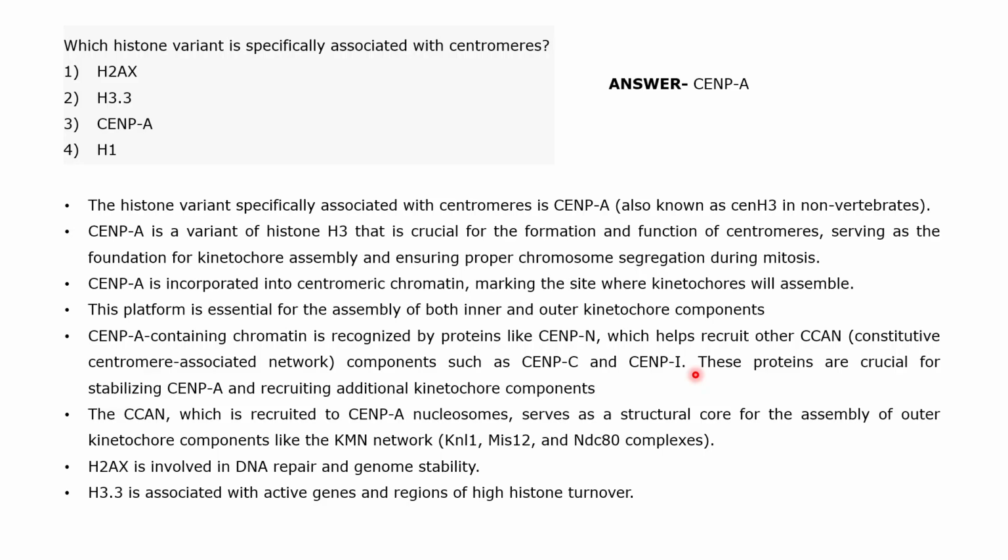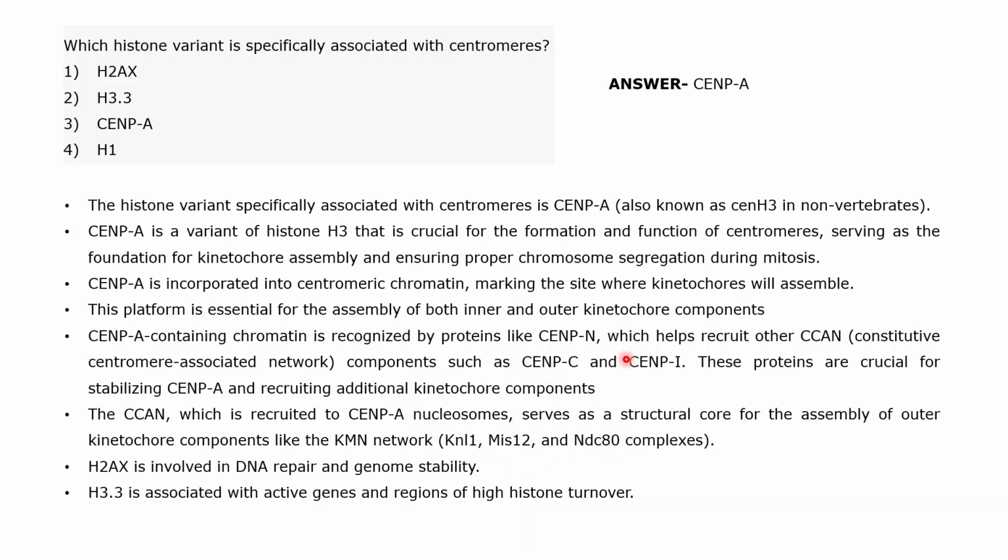But it is always good to know some of the additional factors. These proteins are crucial for stabilizing CENP-A and recruiting additional kinetochore components. This constitutive centromere associated network, which is recruited to the CENP-A nucleosome, serves as the structural core for assembly of other kinetochore components like KNL1, MIS12, NDC80. So these are components of the kinetochore.